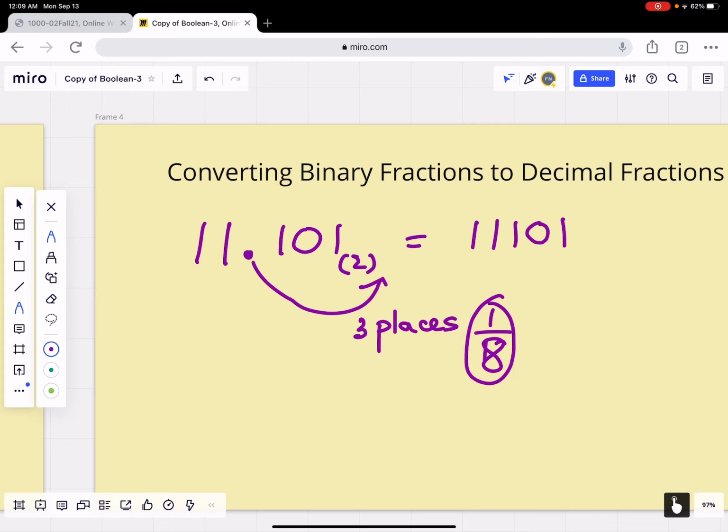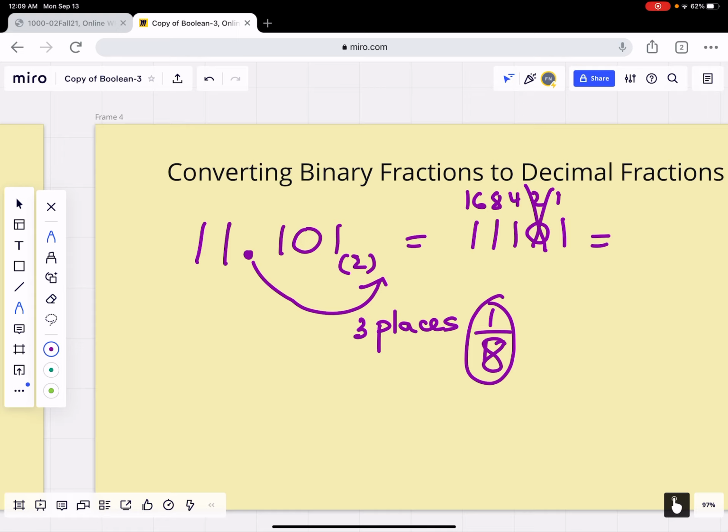All right. And now you want to change that 11101 to a decimal number. So you got here 1, 2, 4, 8, and 16. In this case, you don't multiply by 2 for the 0, because it becomes 0.